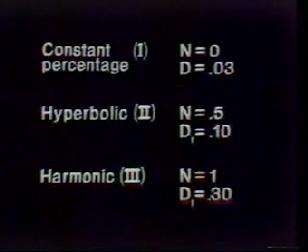For curve 1, n is equal to 0, and d is equal to 0.03. For curve 2, n is equal to 1/2, and d sub i is equal to 0.10. For curve 3, n is equal to 1, and d sub i is equal to 0.3. Now let's see some examples.